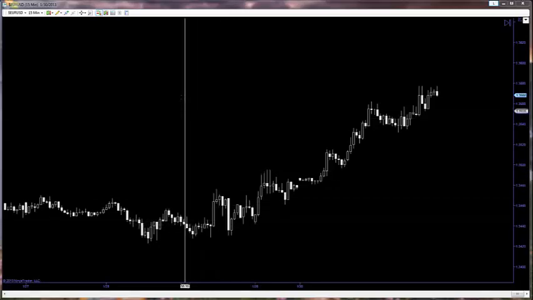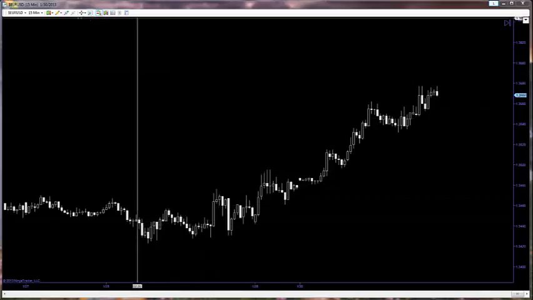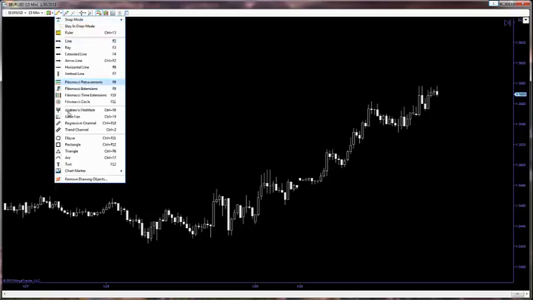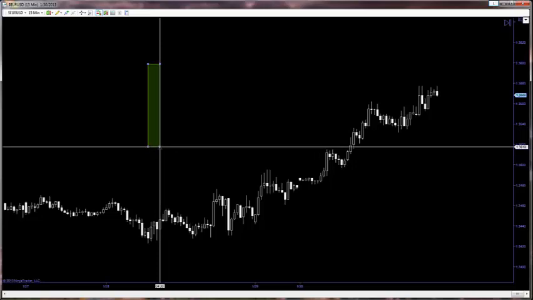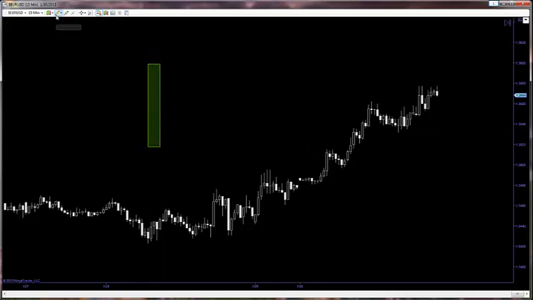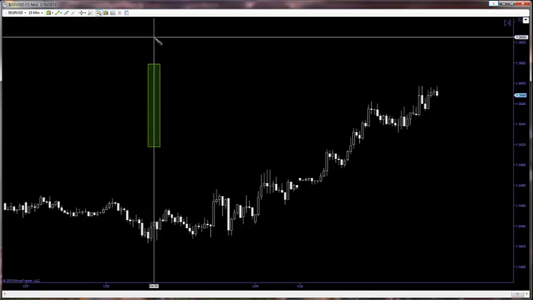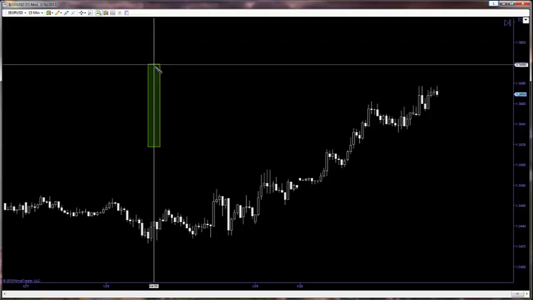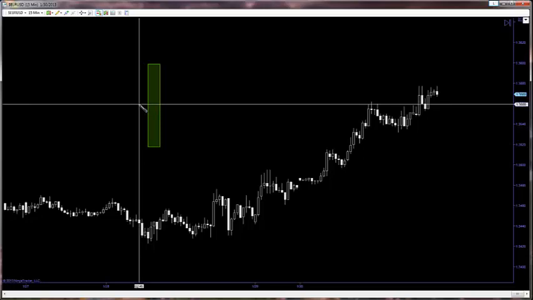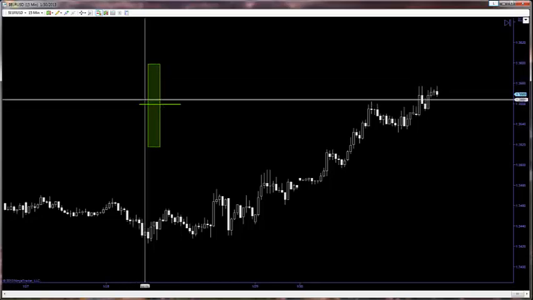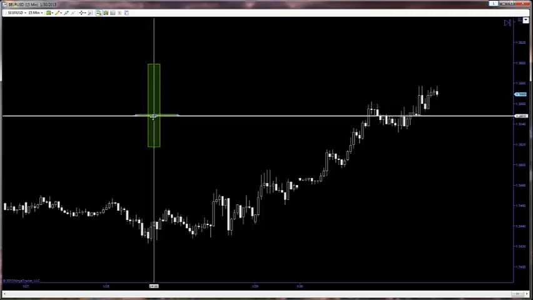Now the way you want to look at a candle is, let me draw a quick one. Let's pretend that this is a candle, and this is the body of the candle, and we divide it into thirds. You can take half of it right here, and then let's divide it in thirds.